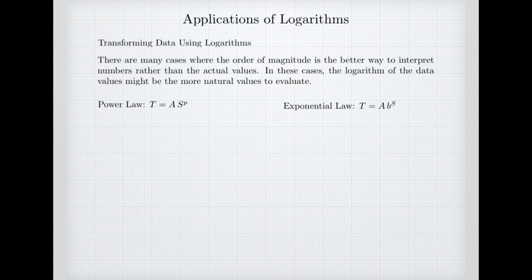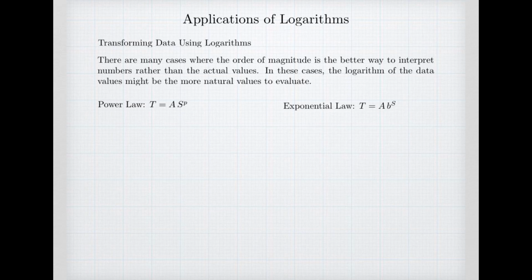Now in this video, we're going to continue our discussion of applications of logarithms, and we will be considering finding models when we discover that our transformed data are linear. So we earlier talked about, in the last video, that there are many cases when the order of magnitude is the more interesting quantity.